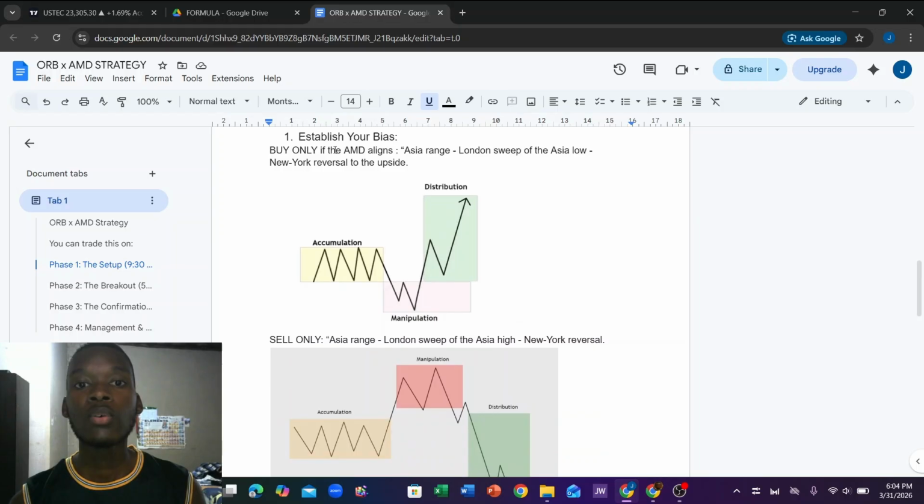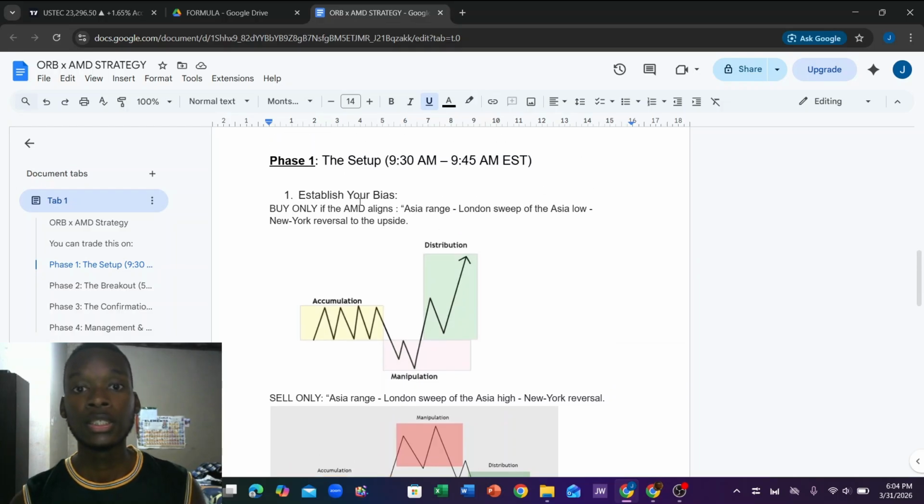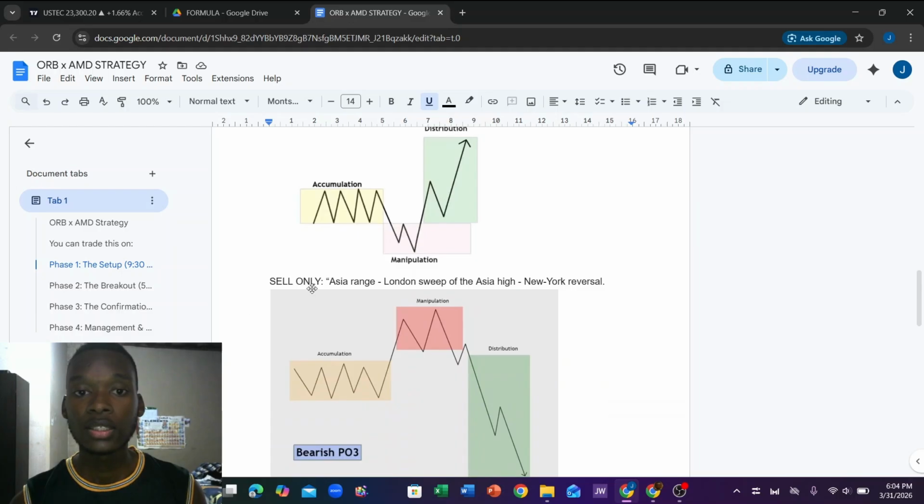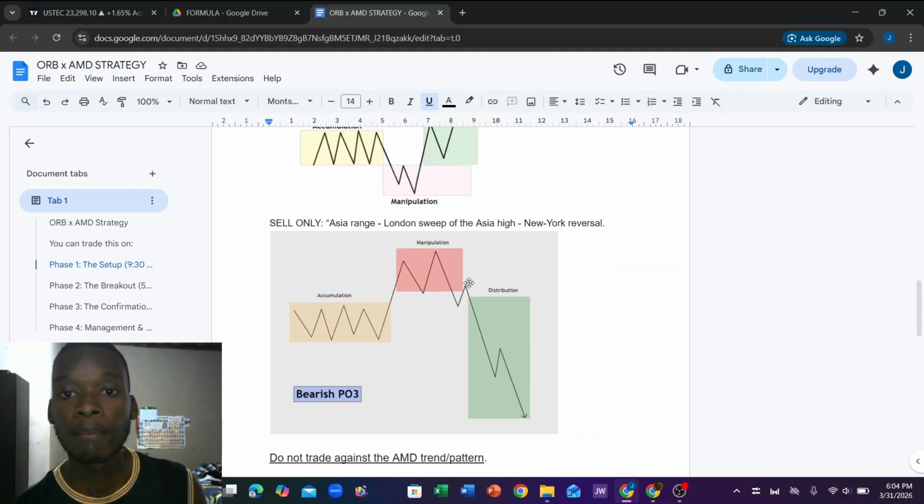Buy only if the AMD aligns. We're only going to look for buys if the AMD aligns. If the AMD accumulated and manipulated the lows, it is definitely going to distribute to the upside, which means this is our bullish bias. For our bearish bias, this is what's going to happen.